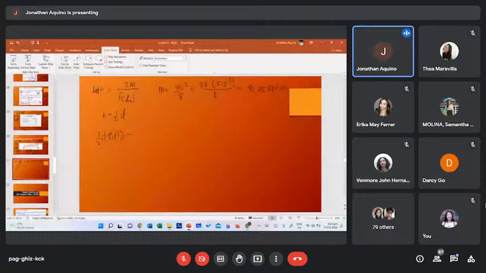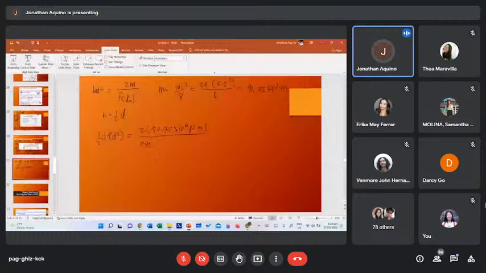So gagawin natin Newton millimeter. Newton millimeter yung values natin. Okay, so times 10 to the 6 Newton millimeter divided by fc, which is 0.45 f'c, 21 Newton per millimeter squared, times k.